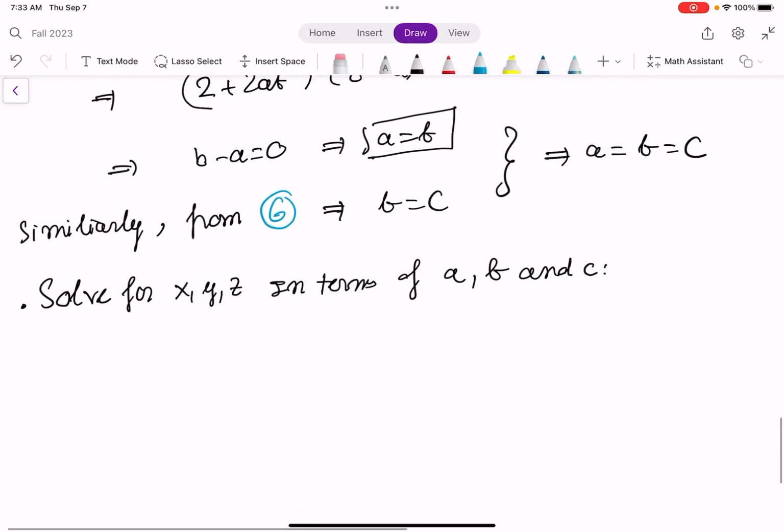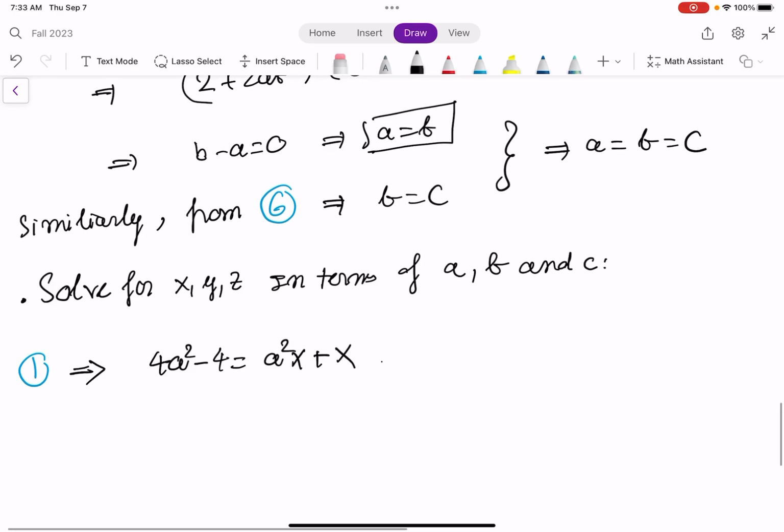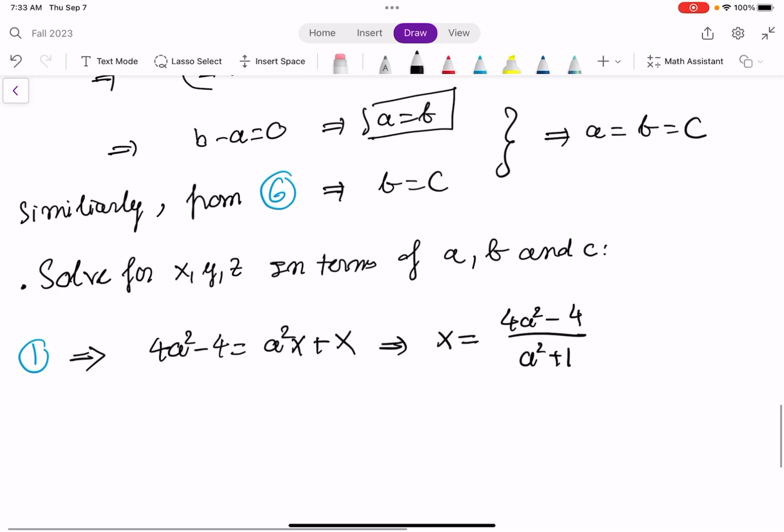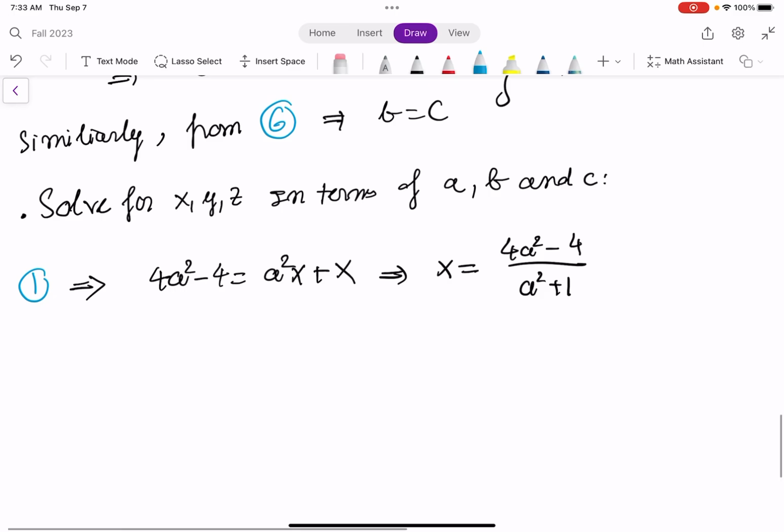How are you going to do that? You're going to start with 1. So from 1, you have 4a squared minus 4 equals a squared x plus x, right? Due to cross multiplication, and then you can say that x equals (4a squared minus 4) over (a squared plus 1). Okay, just divide both sides by a squared plus 1. Similarly, from 2, let me see what we have. From 2, you have 5b squared minus b squared y equals 5 plus y.